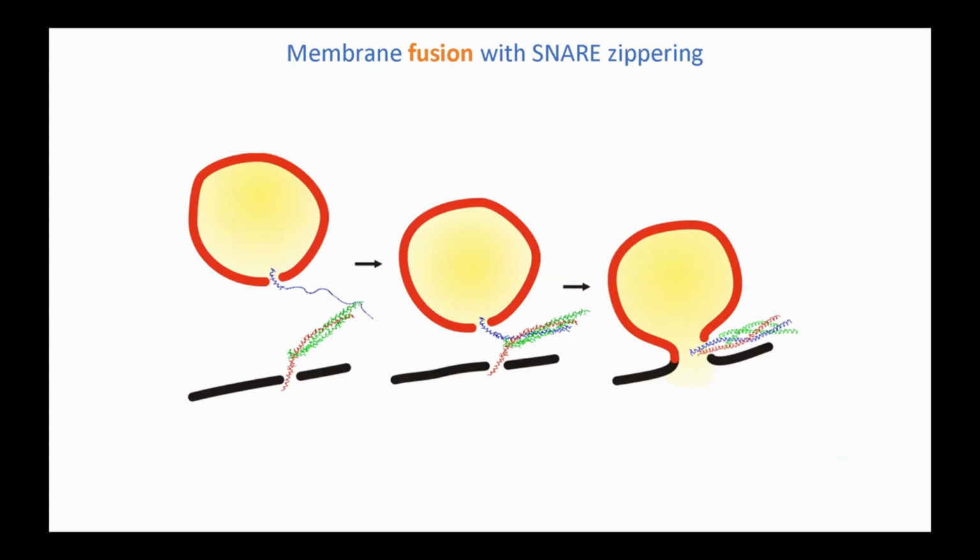So you see here an example. In red, you see a trafficking vesicle that has one SNARE, and then it interacts with cognate SNAREs in the target membrane in black, and they zipper up, forming this tight alpha-helical coiled bundle that then overcomes the membrane energy barrier for fusion, for membrane fusion.